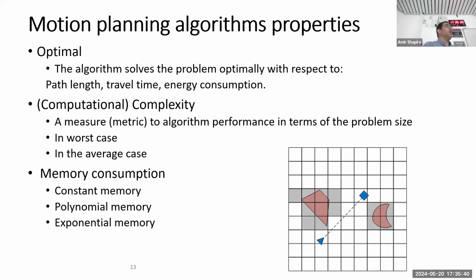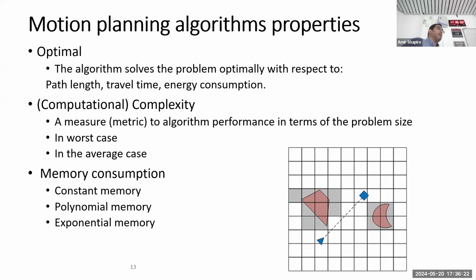One of them is optimality. An optimal algorithm solves the problem optimally with respect to either path length, travel time, energy consumption, or whatever cost function we want, but it actually minimizes this cost function along the way and finds the optimal path.